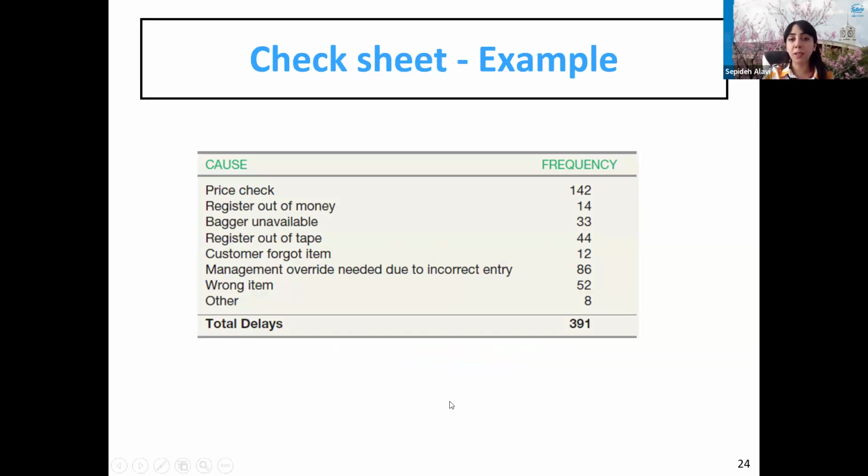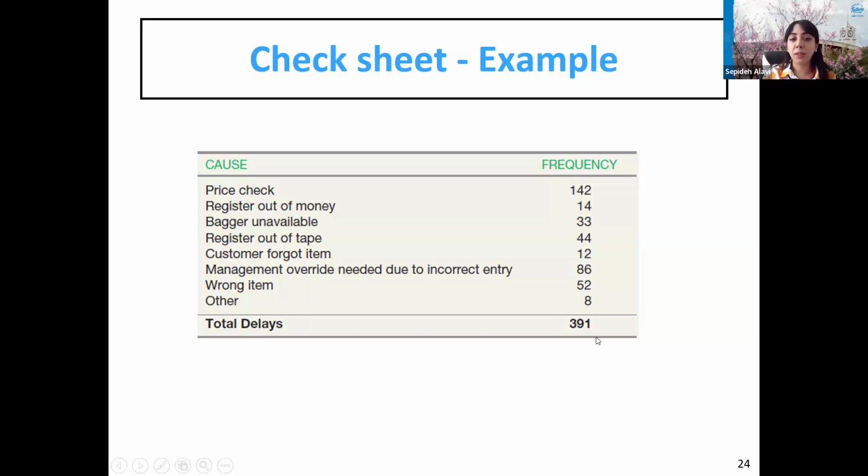At a grocery store like Whole Foods, we have had unexpected delays at the checkout counter, and then we started listing all possible causes and how many times each happened.